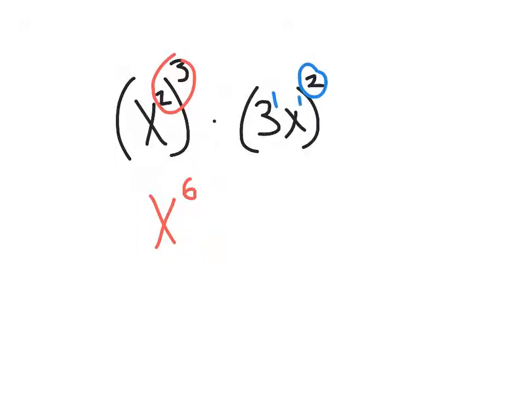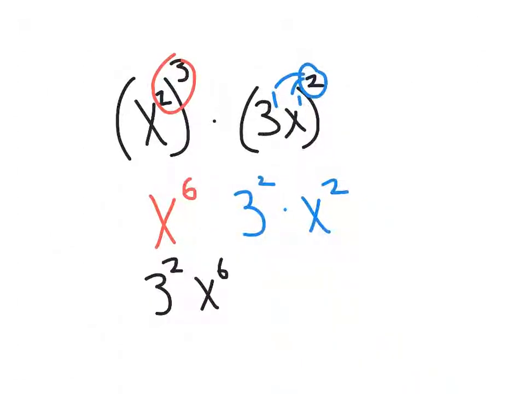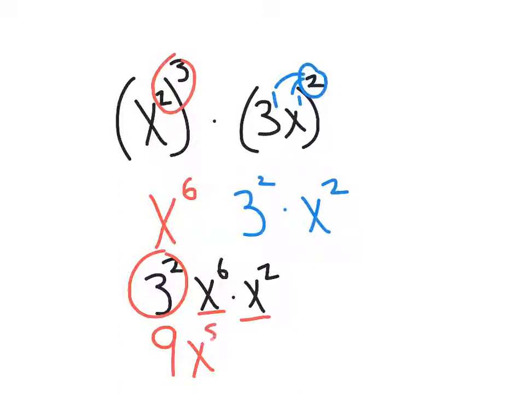There's actually 2 invisible ones, so multiply them both, and you'll get 3 squared times x squared. And of course, we can move things around. So we'll put the 3 squared first, the x to the 6th second, and then the x to the 2nd at the end. And of course, 3 squared is 9, and x to the 6th times x to the 2nd is x to the 8th. So final answer is 9x to the 8th.